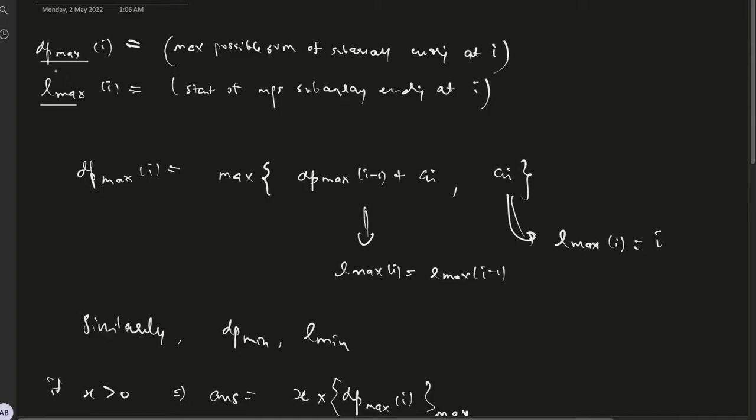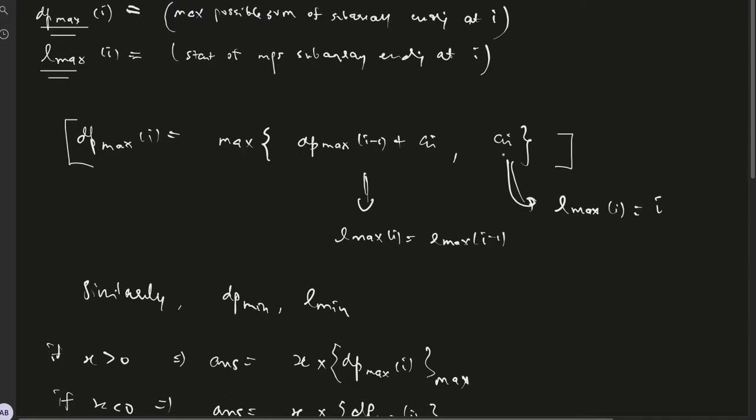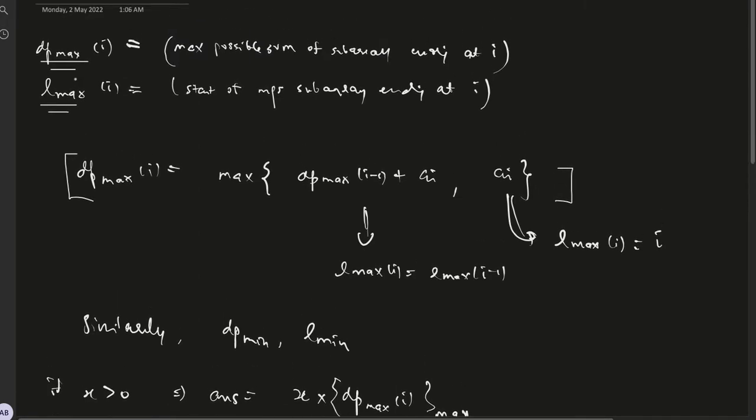With these two definitions out of the way, this is a simple transition for calculating both the dps, and similarly we maintain dp min and l min.